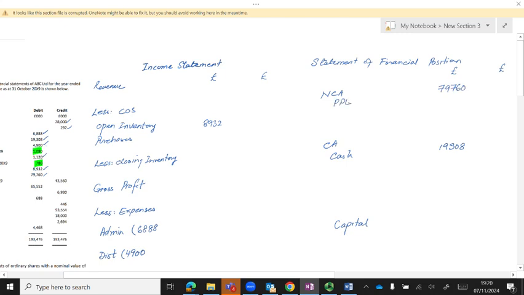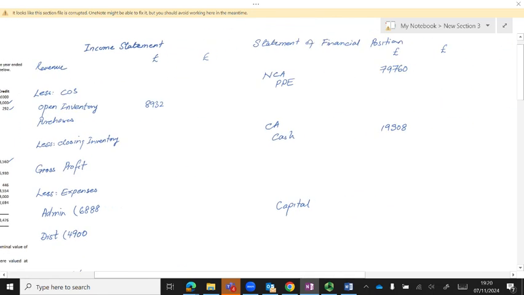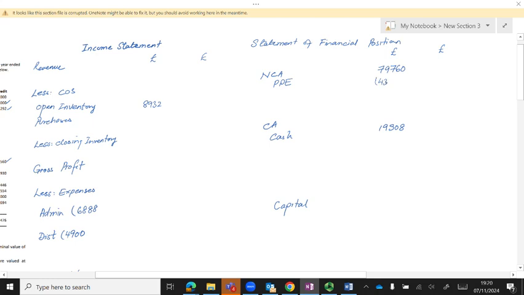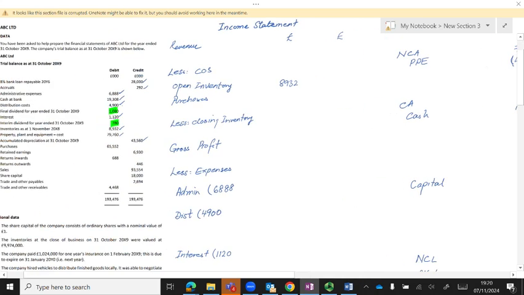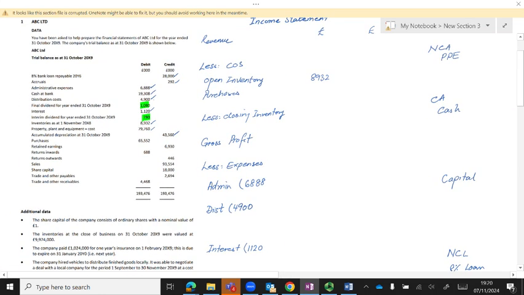And then there is an accumulated depreciation of 43,560. Notice that as I pick up any figure from the trial balance, I tick it, making sure that I do not record it again by mistake. Purchases is 65,552.